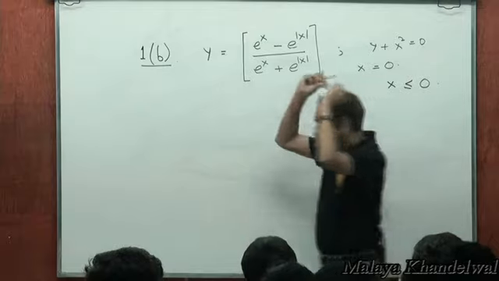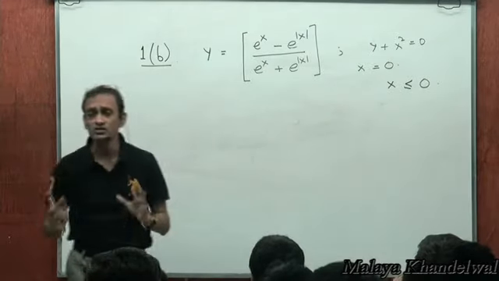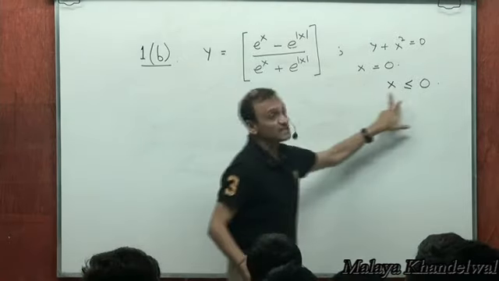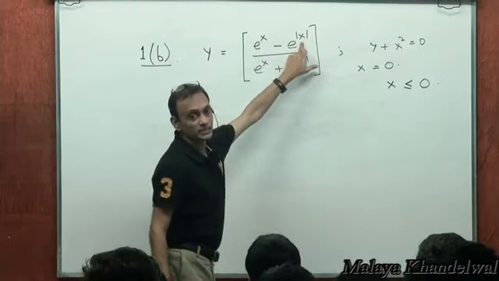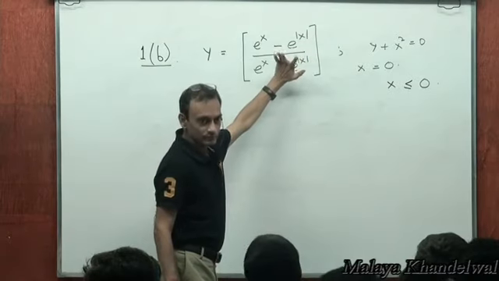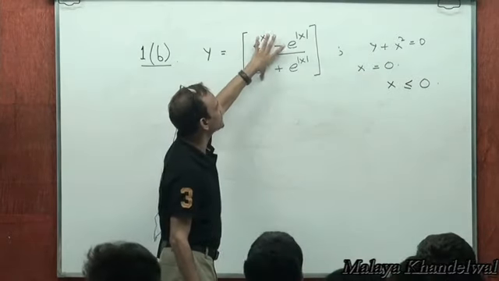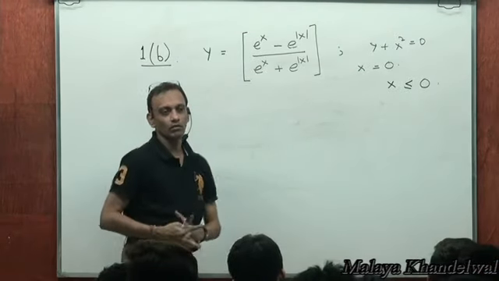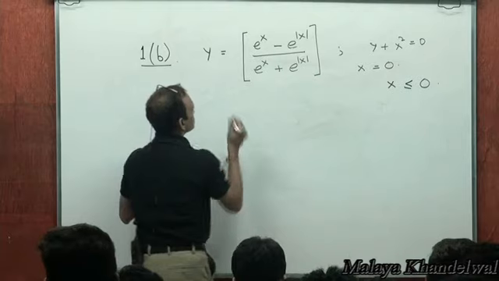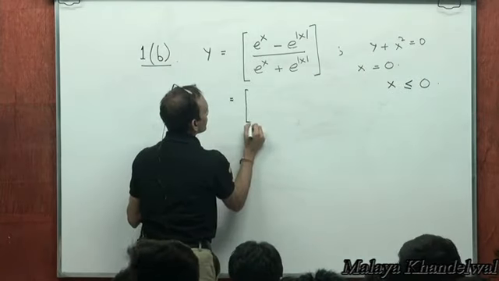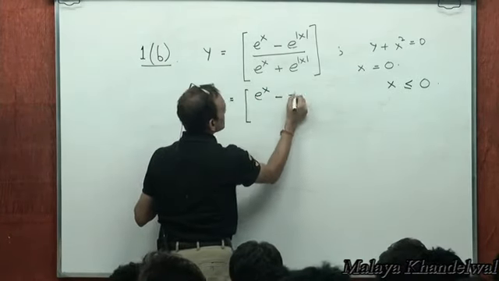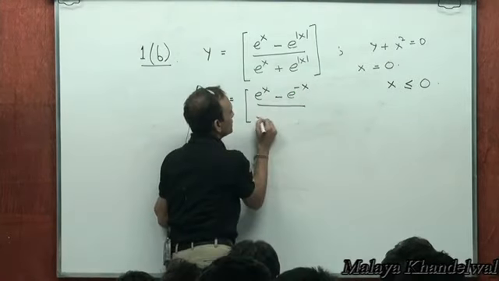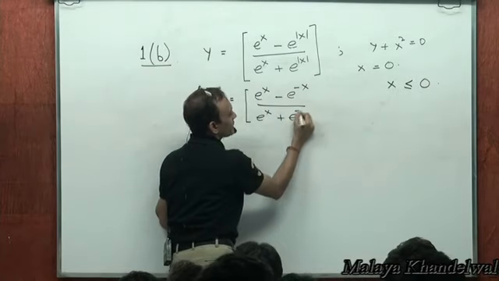Now, let's start tracing things here. So, for x less than or equal to 0, what would mod x be? Minus x. Right? Let's simplify this. This is the only thing which looks a little awful. So this is like e power x minus e power minus x, because mod x will be minus x, divided by e power x plus e power minus x.